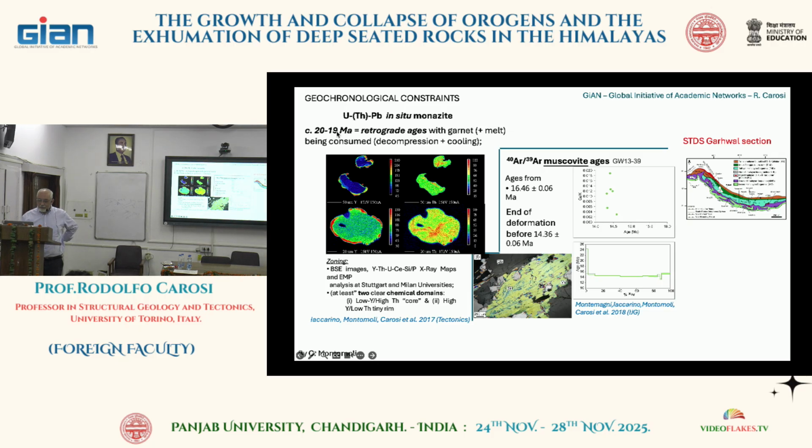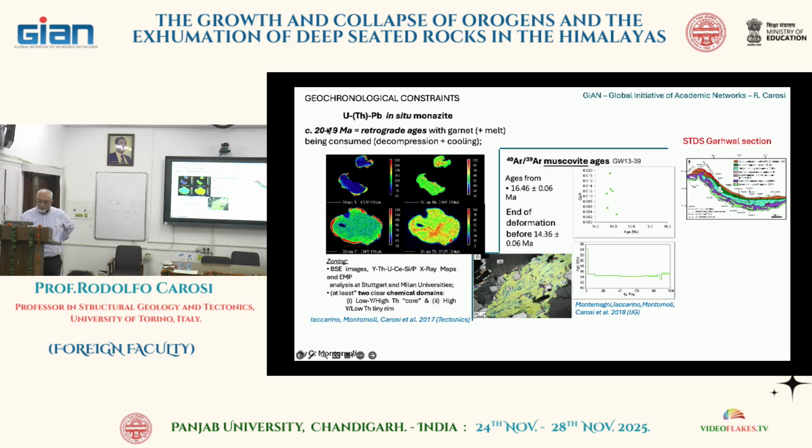And we have ages of 20, 19 million years that are retrograde ages, where garnet plus melt has been consumed, and the yttrium has been released and concentrated along the rim of the monazite.